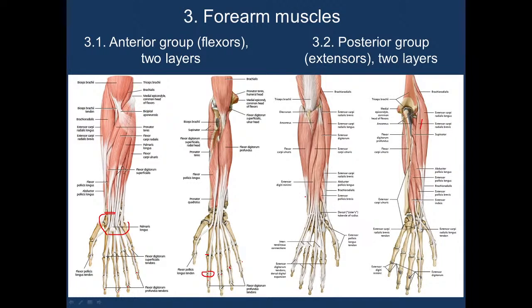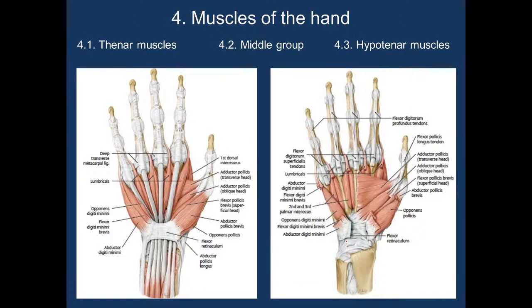They are general flexors for all joints of the hand. And the same we may say about the posterior group of the forearm muscles.